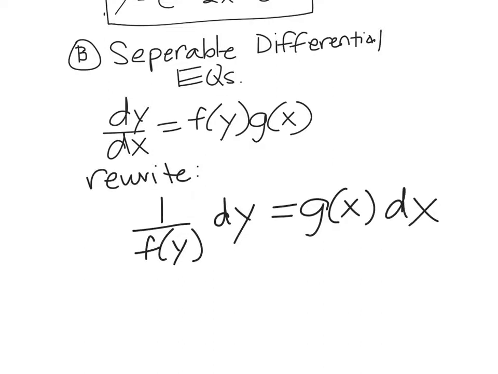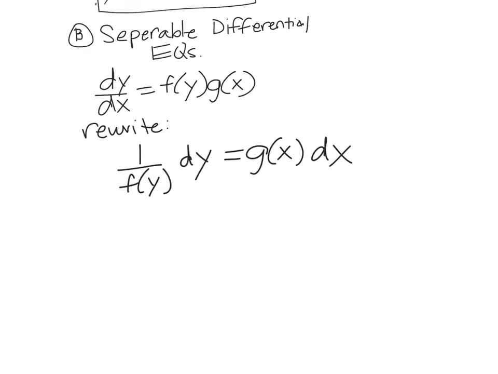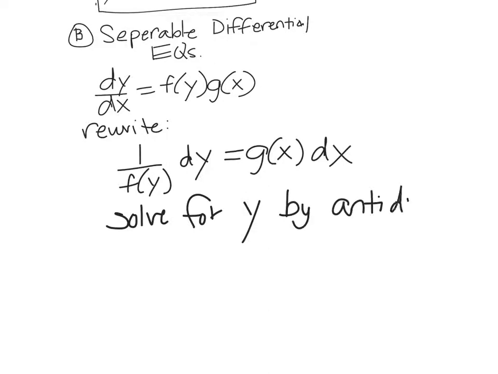All I did was take f of y and divide it over to the other side. You could write dy over f of y if you want to, and then dx times the other side. And what you do then is solve for y by anti-differentiating both sides. Sorry.